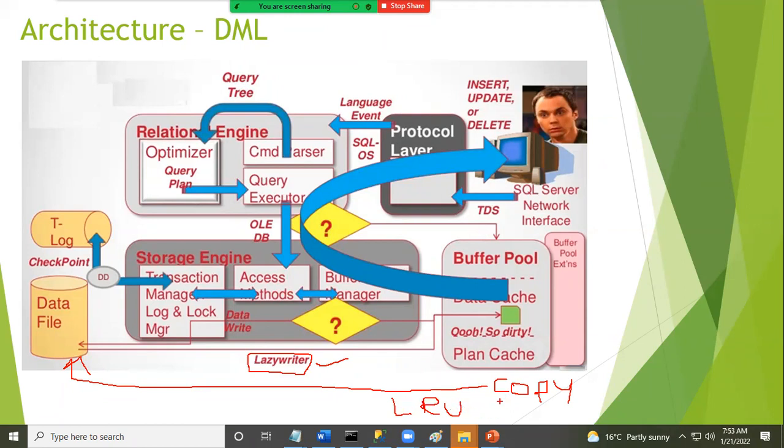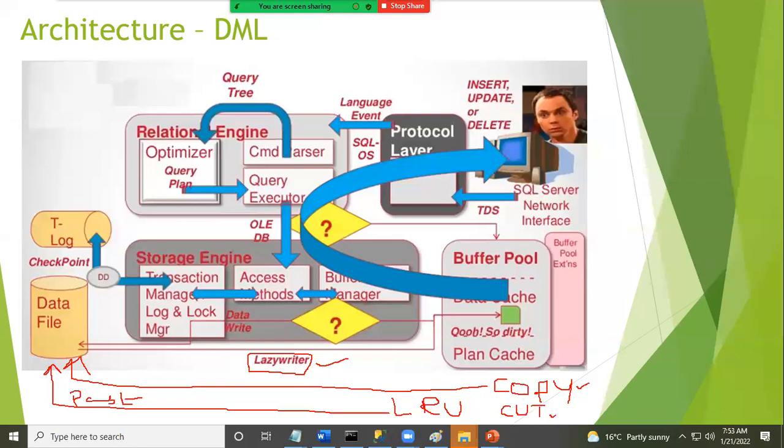It will flush or remove pages. In other words, you can consider this as a cut and paste into the data file, right? Checkpoint is just copying pages from the buffer pool to the disk.